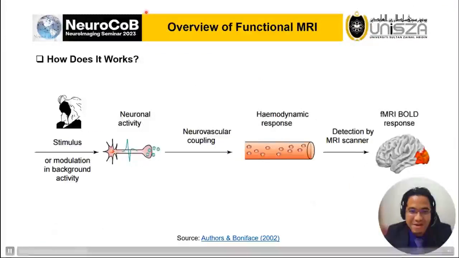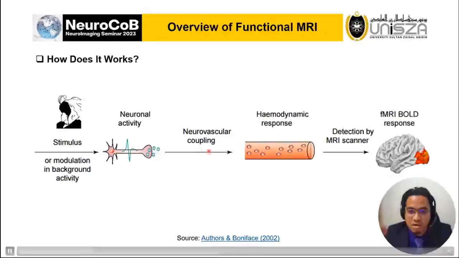Okay, so let's look at what actually happened in our brains when we were doing the task earlier. So in a task-based fMRI study, the image that we saw earlier is considered a stimulus. Okay, so this image we call it stimulus. When we were looking at the image, the neurons activity in the part of the brain that controls our vision is increased.